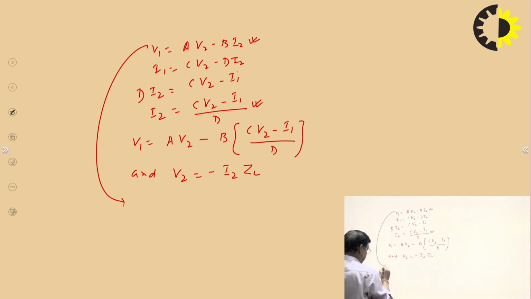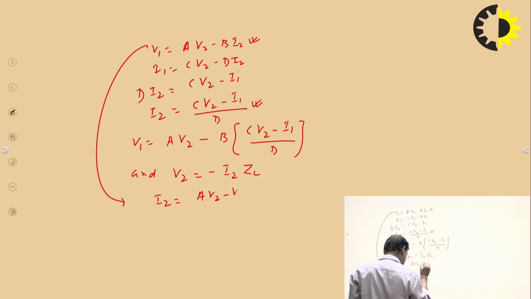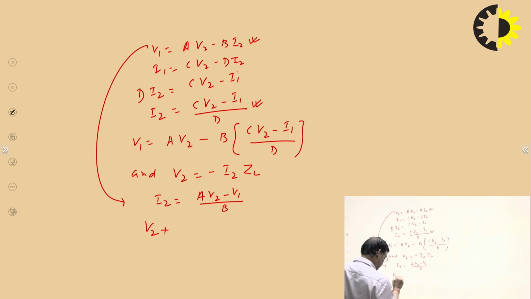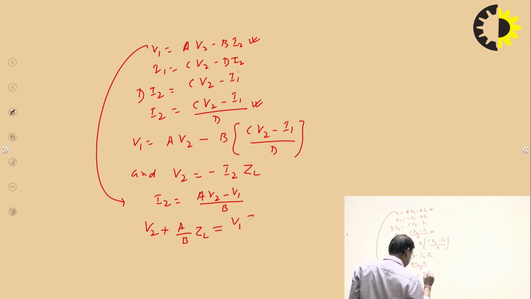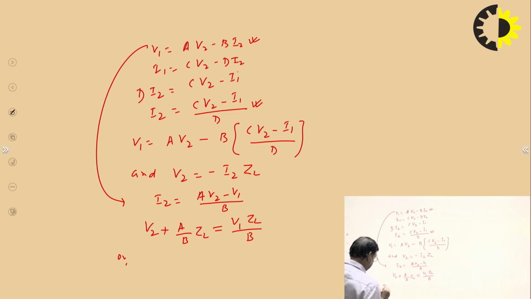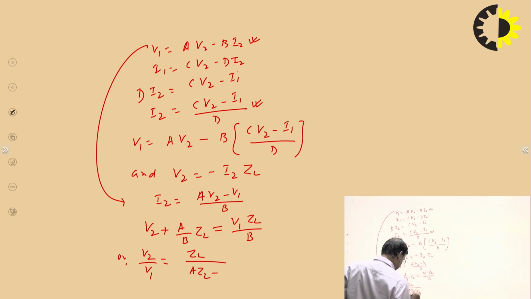And from here we get I2 is A V2 minus V1 upon B. So V2 plus A by B by ZL equal to V1 ZL upon B. So on simplification, V2 upon V1 comes out to be ZL upon A ZL plus B.